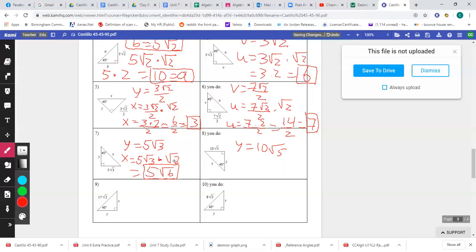And then 10 root 5 times root 2. So once again, I just multiply the two radicals. It should be 10 root 10. Any questions on 7 and 8? Those are fairly simple because you just have to multiply the two radicals together.